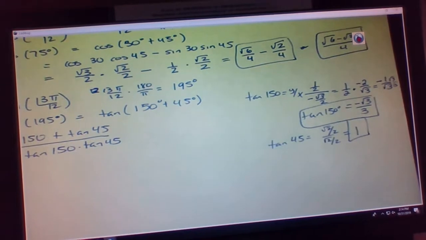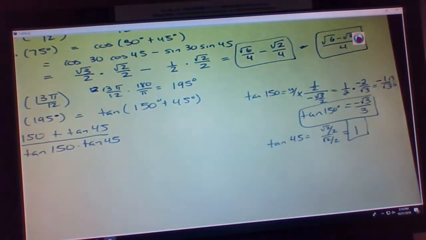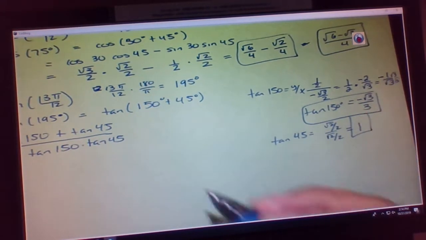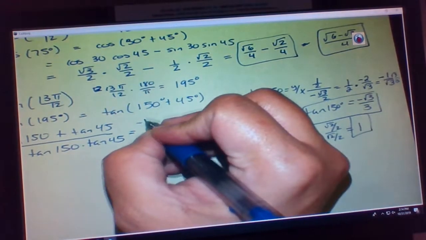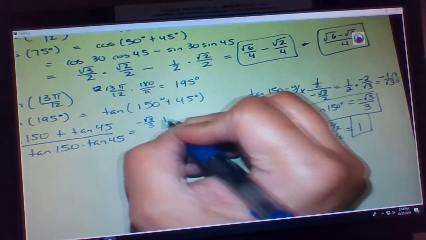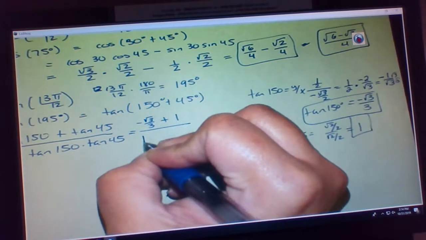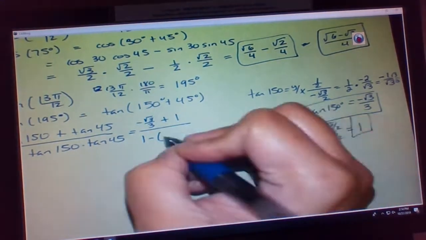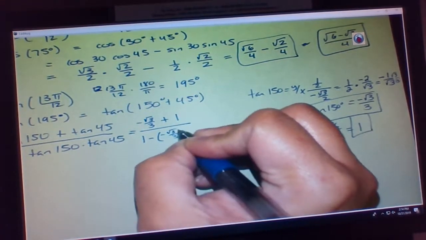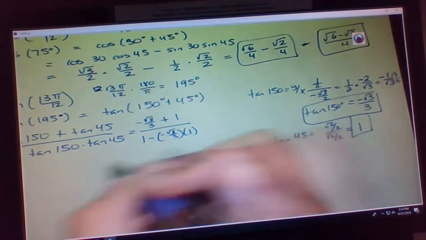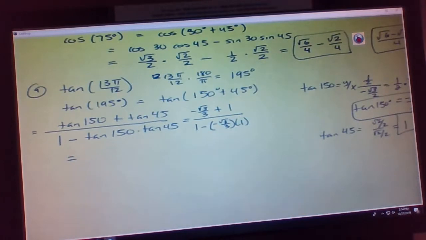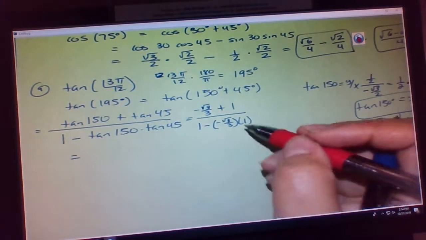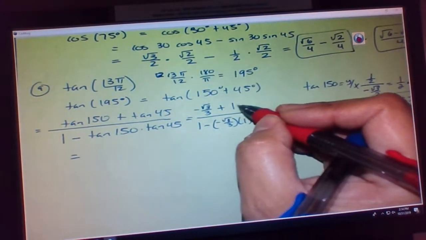Now we can come back and plug in. So that way we don't have all these crazy fractions in there. So tangent of 150 is the negative square root of 3 over 3 plus 1 over 1 minus square root of 3 over 3 times 1. What do I have to do with this 1? 3 over 3.